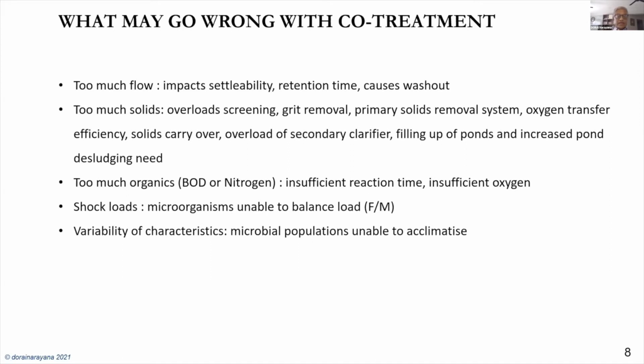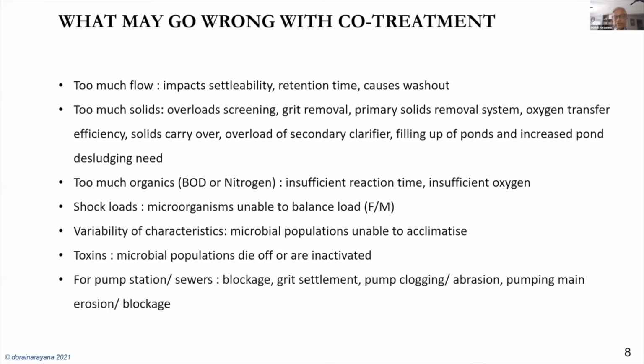The variability of the characteristics: again, the microorganisms need to acclimatize. If you have a sudden influx of very high strength waste, the microbial populations will be unable to adjust and acclimatize on time and do the work of treatment efficiently. And finally, you may have some toxins which may kill off the microorganisms or inactivate them.